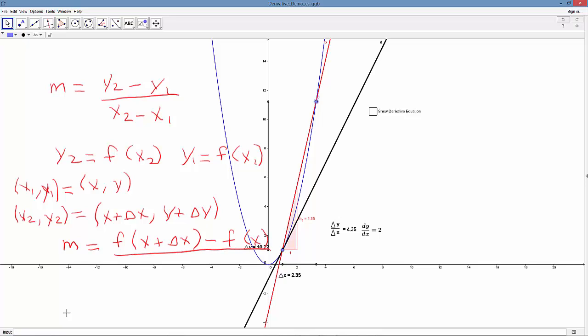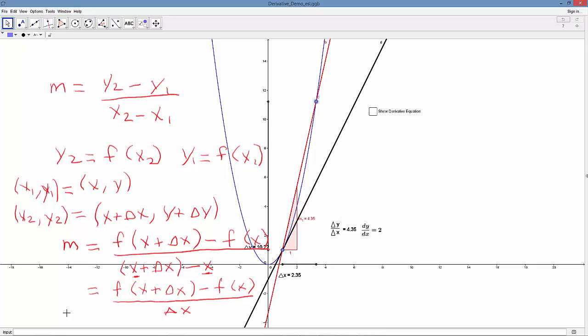And we're going to divide that by x2, which is x plus delta x, minus x1, which is x. And that's going to simplify to give us f of x plus delta x minus f of x over, we can see here that the x's are going to cancel, and that'll just leave us with delta x.